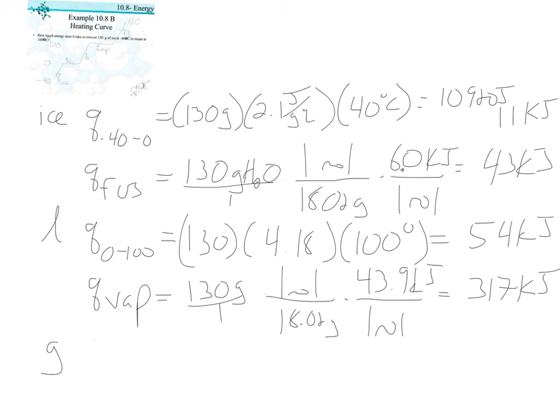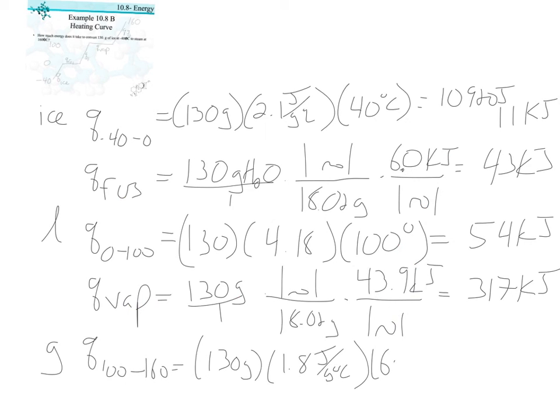Last one is the gas. We're going from 100 degrees where it boiled to, I think this one stopped at 160. So 130 grams. The specific heat of the gas is 1.8 joules per gram per degree.